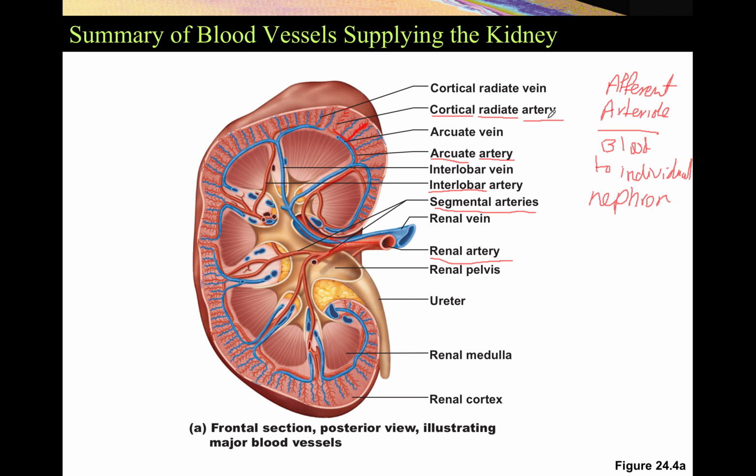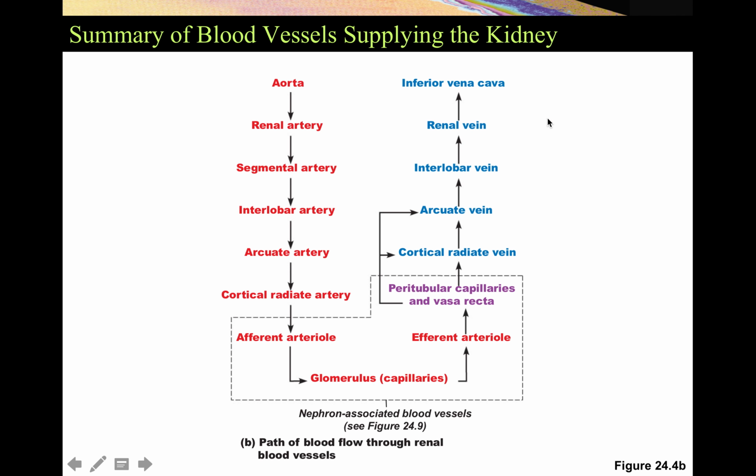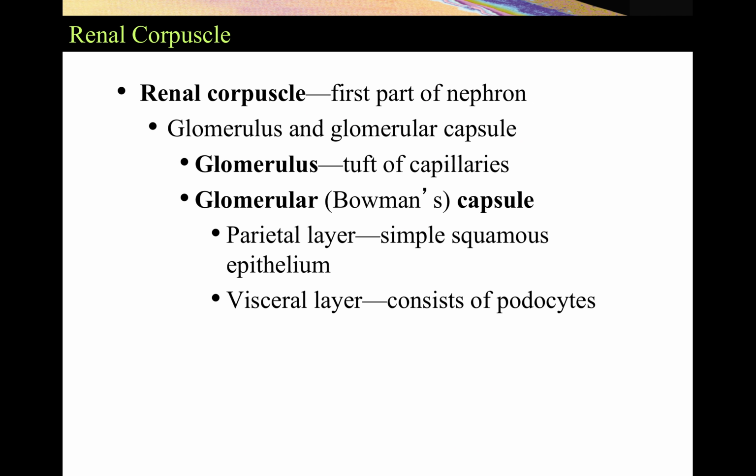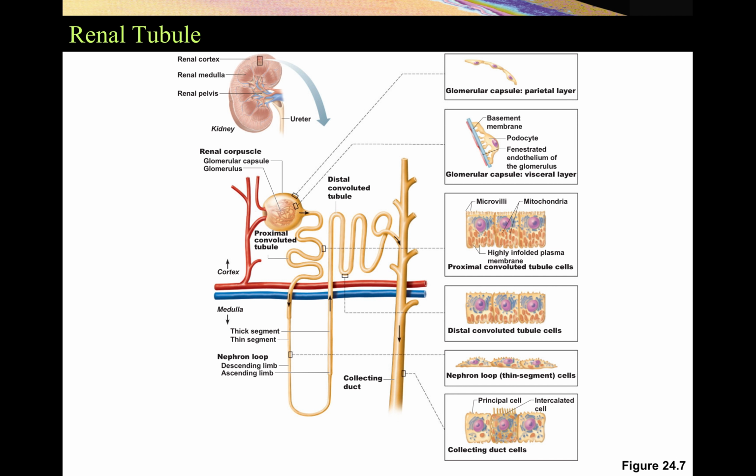Now, if I continue with the afferent arteriole, we already talked about this, if you guys remember going back to this picture. In this picture, I just want to show you this concept of what I'm discussing. Notice how it says this is the medulla, this is the cortex. So this is the blood vessel that runs right between these.